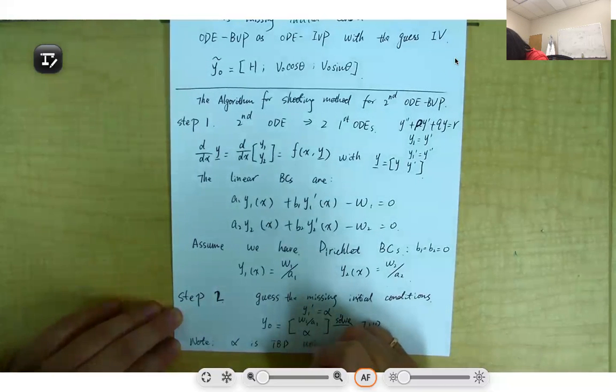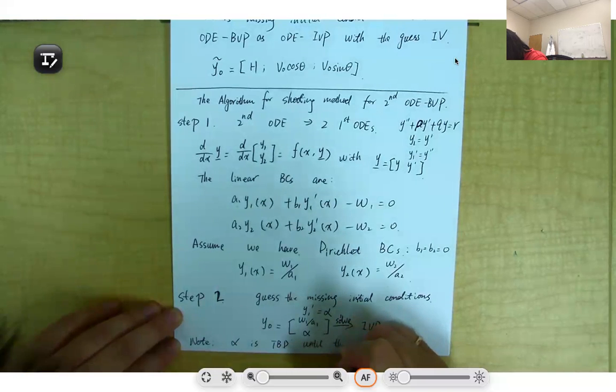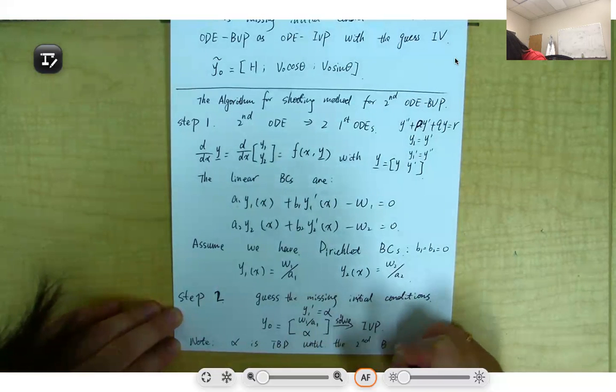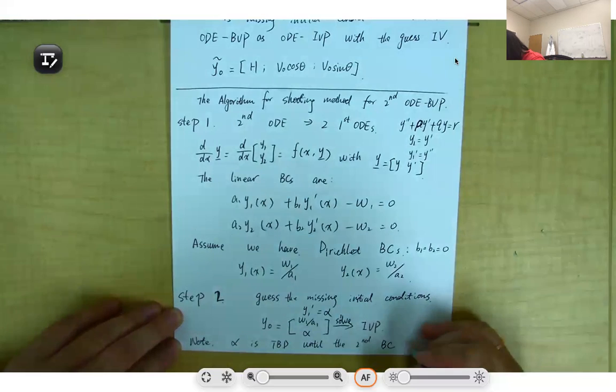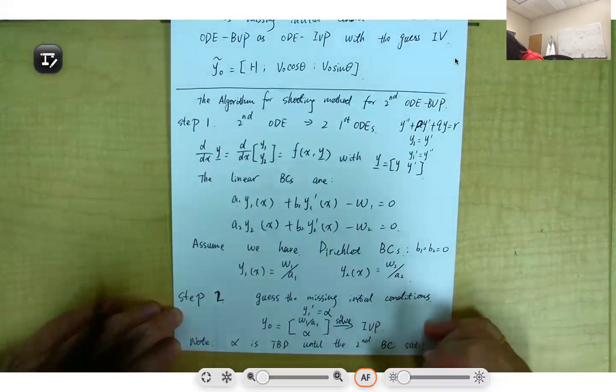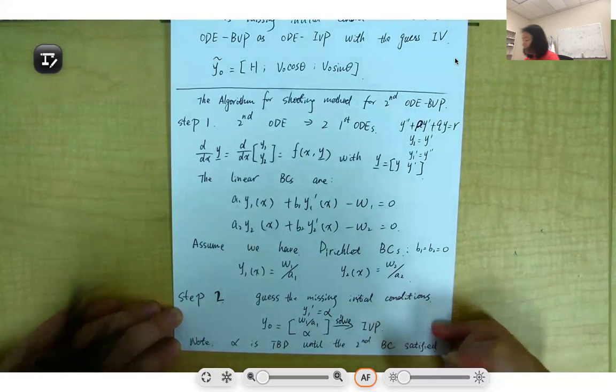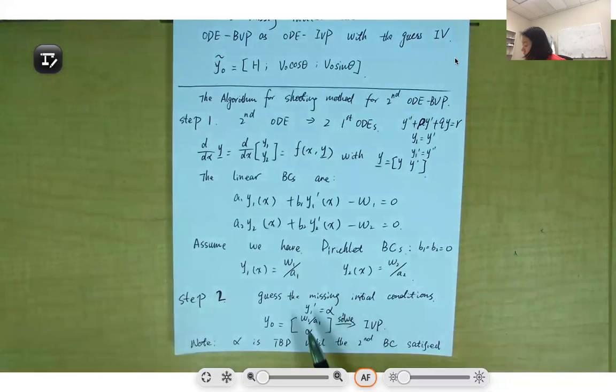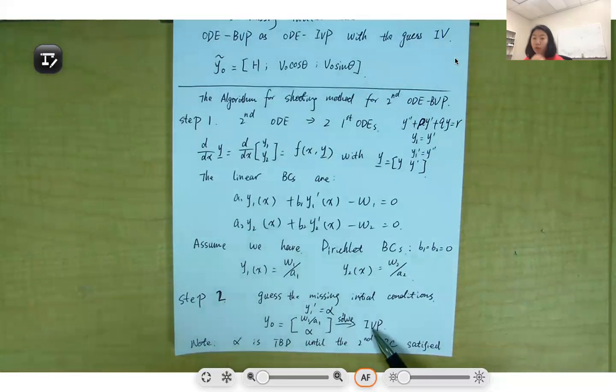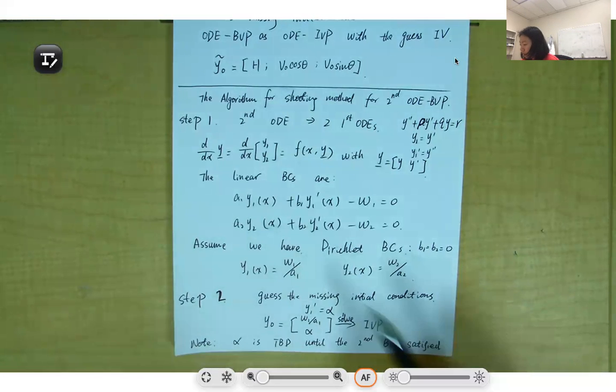until the second boundary condition is satisfied. So it doesn't mean this alpha will be your initial condition forever. You have to guess this to solve the IVP, and by solving this IVP with this initial missing condition, see what our second boundary condition is.